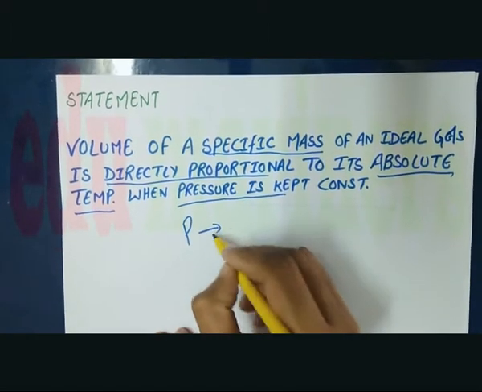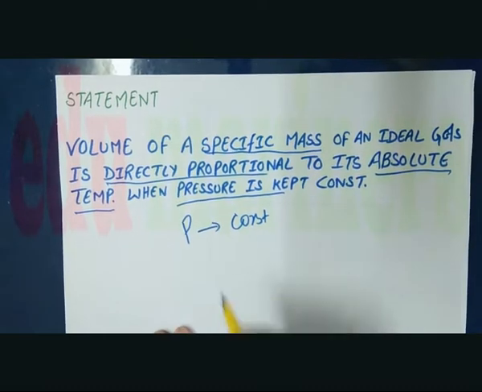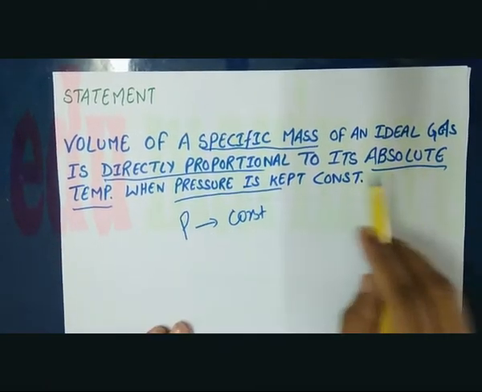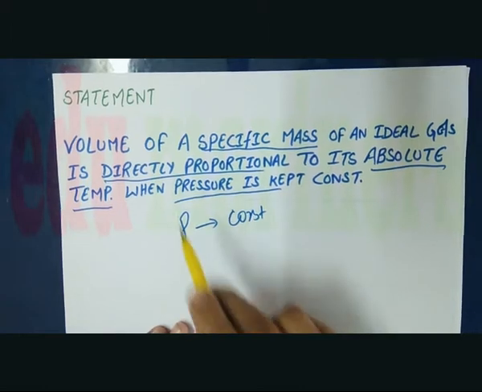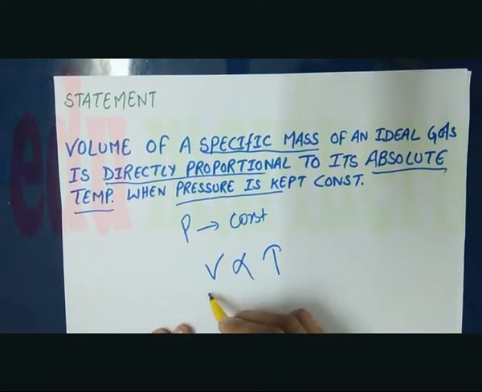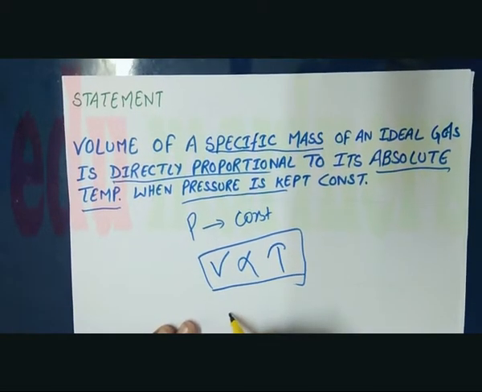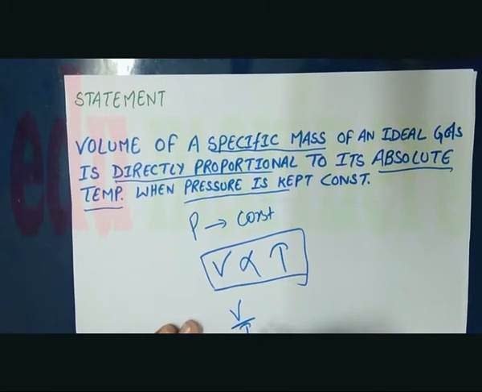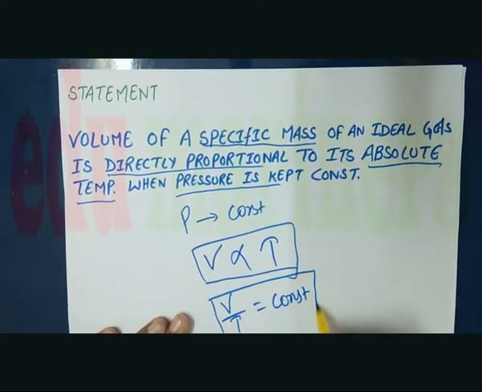So mathematically, volume is directly proportional to absolute temperature. This is the mathematical statement of Charles' law. We can write it as V by T is equal to constant. This constant is the proportionality constant.